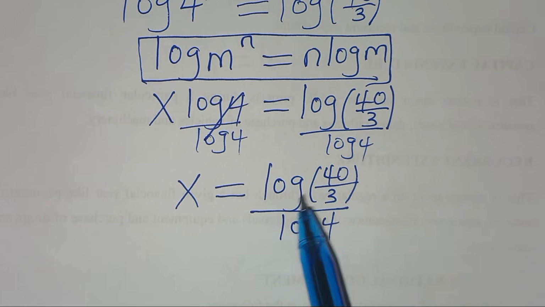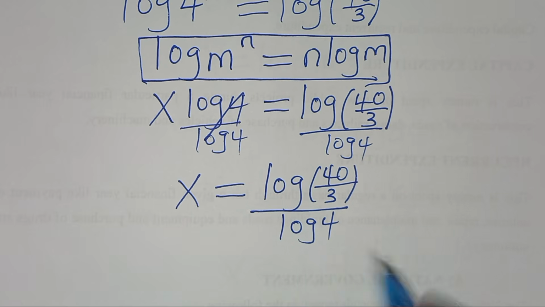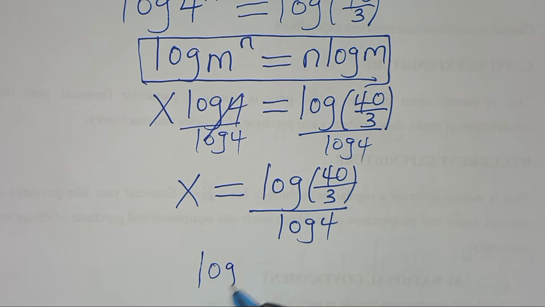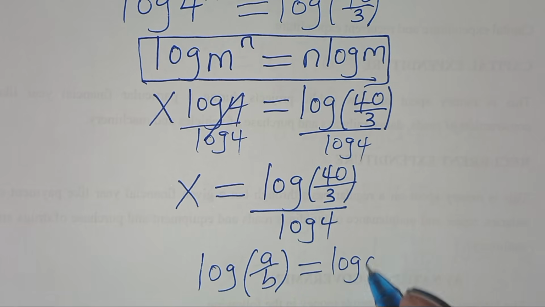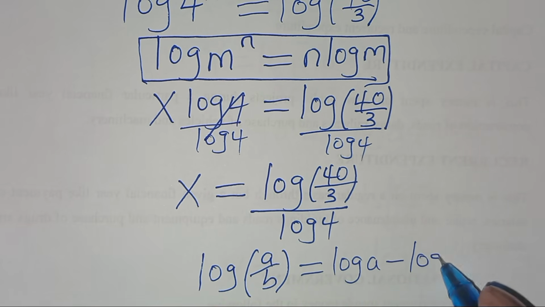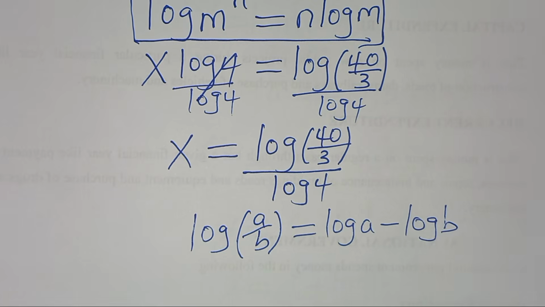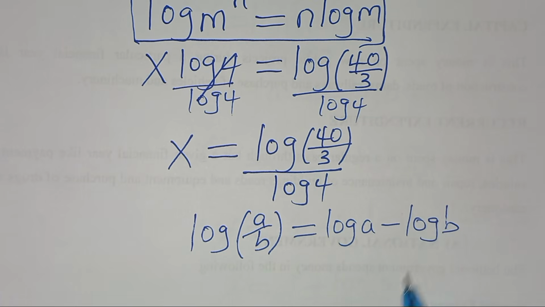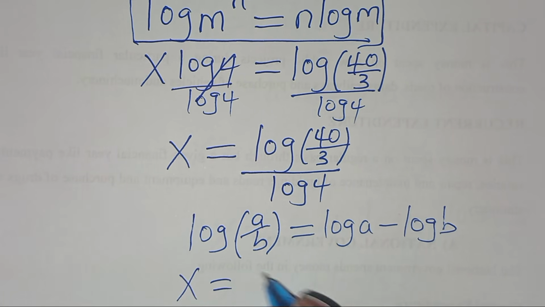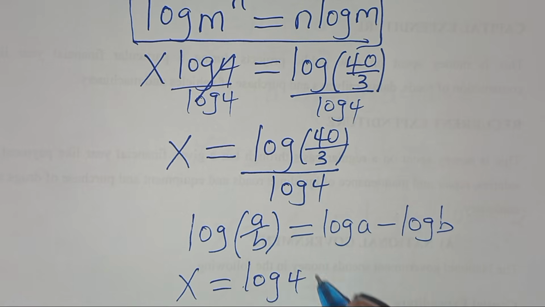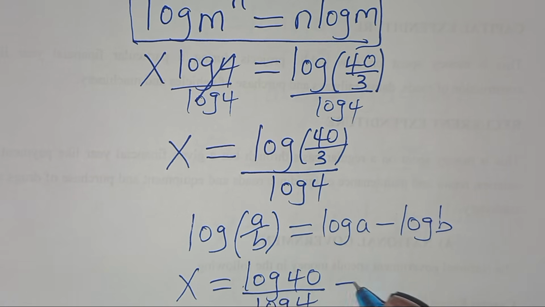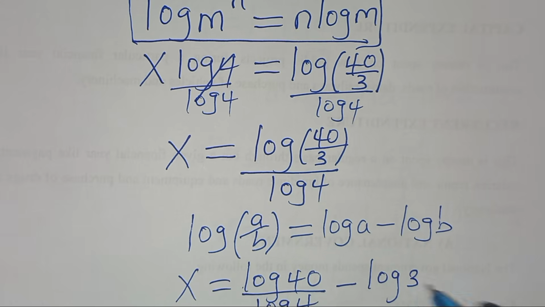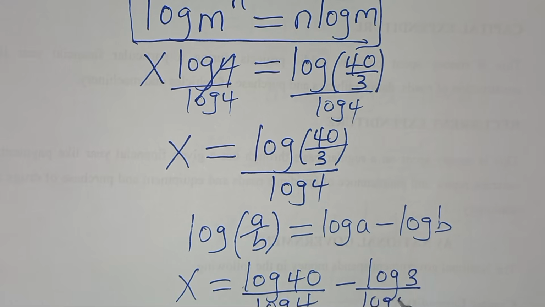The next step from here, log 40 divided by 3, this is in the form of log a divided by b, which we can express as log a subtract log b. Applying this logarithm property, then we have that x is equal to log 40 divided by log 4 subtract log 3 divided by log 4.